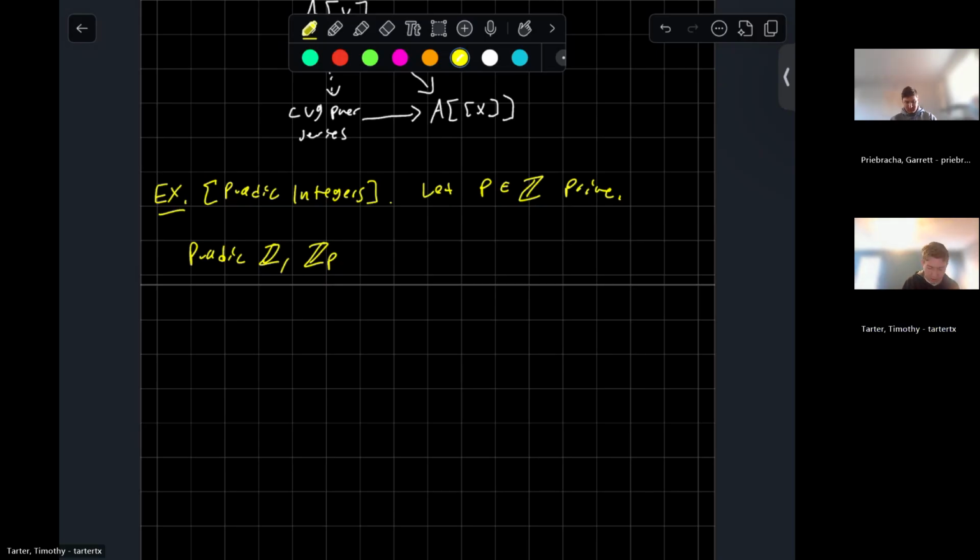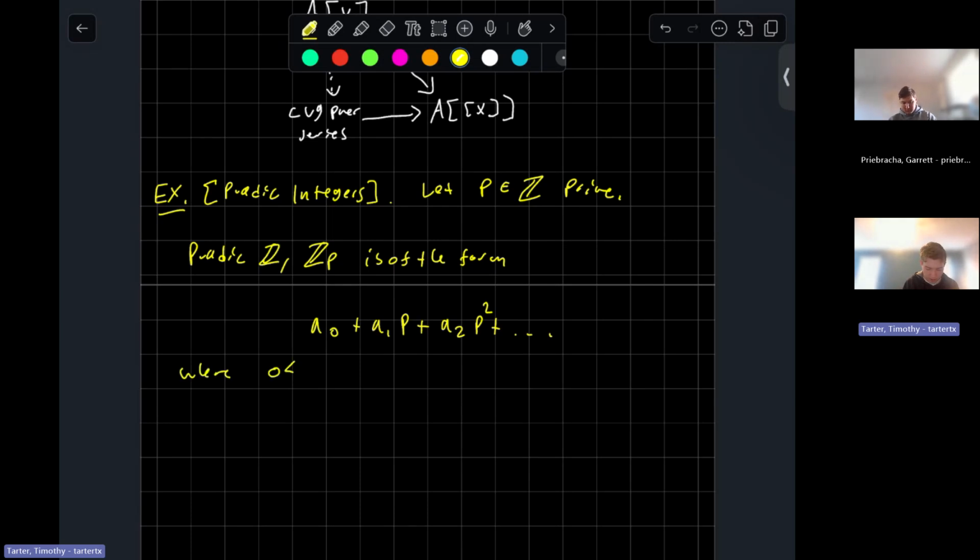Z_p is of the form a_0 plus a_1 p plus a_2 p squared plus and so on, where 0 is less than or equal to a_0, strictly less than p.